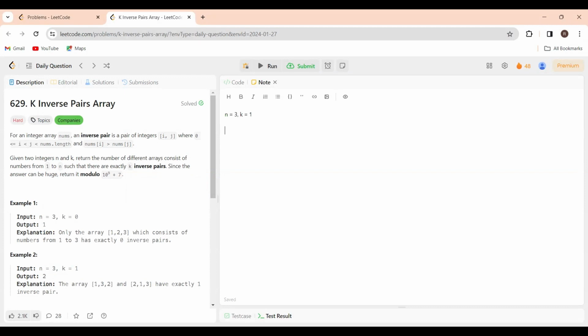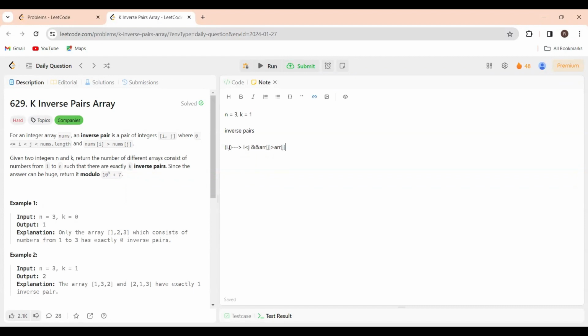So what do inverse pairs mean? We consider two indexes i and j. A pair i, j is an inverse pair where i is lesser than j and arr[i] is greater than arr[j]. When these two conditions are satisfied, it is an inverse pair.